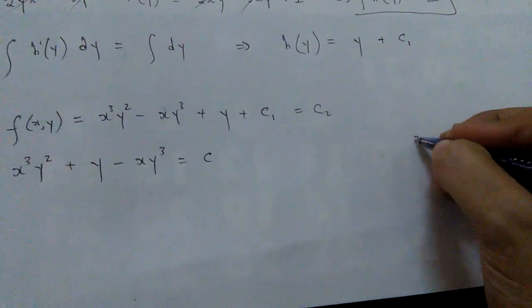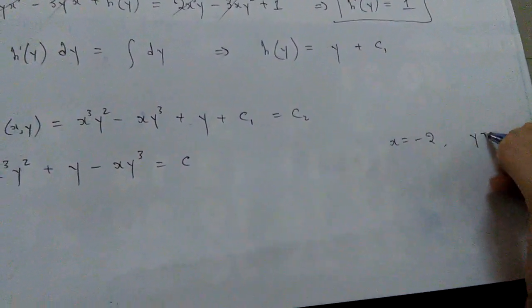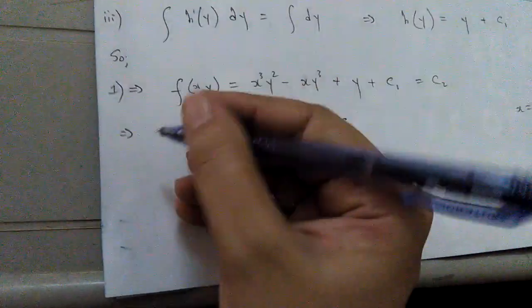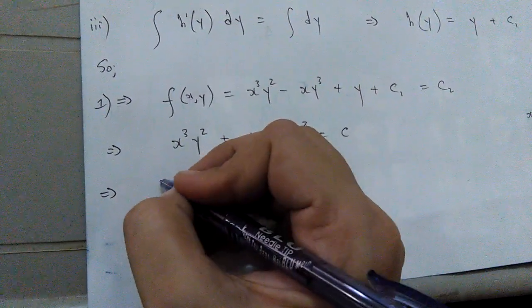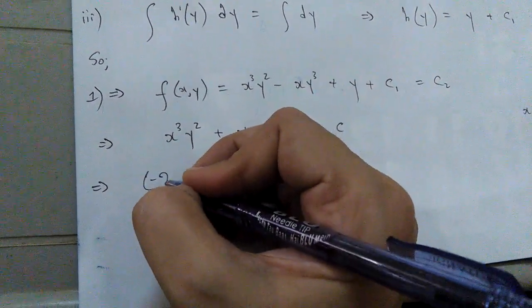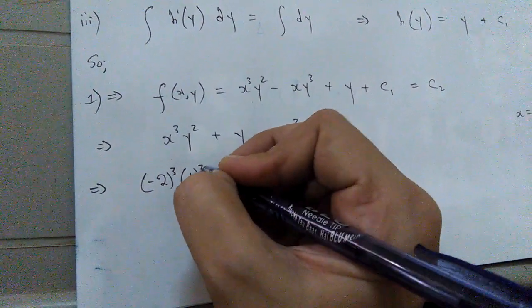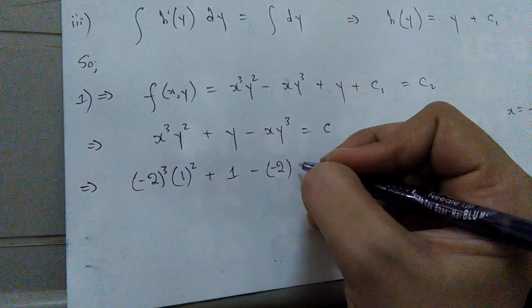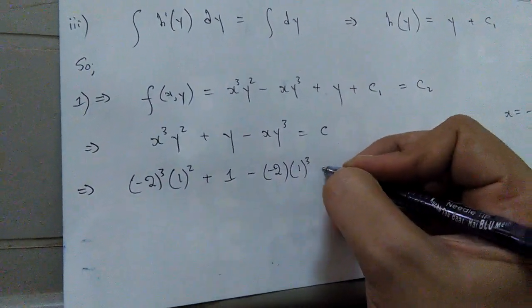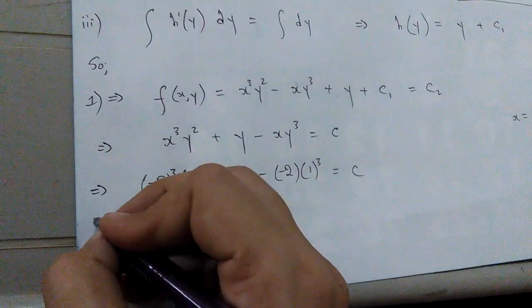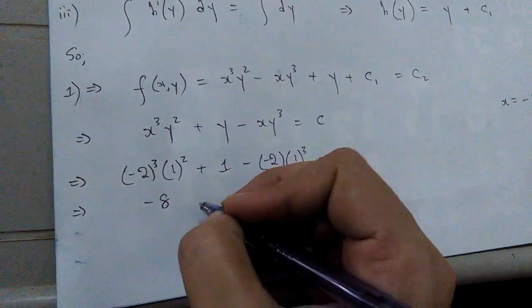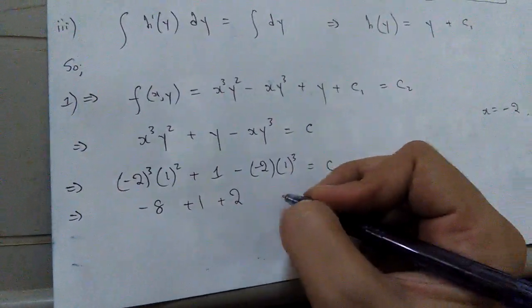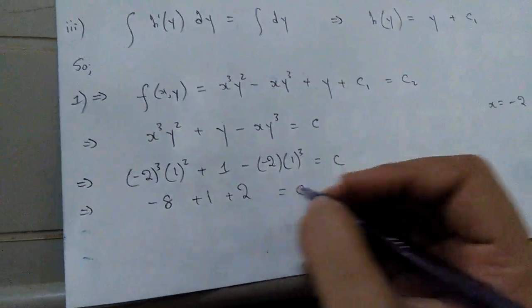So if we substitute at the place of x, we have minus 2, and at the place of y, we have 1. So this is minus 5.